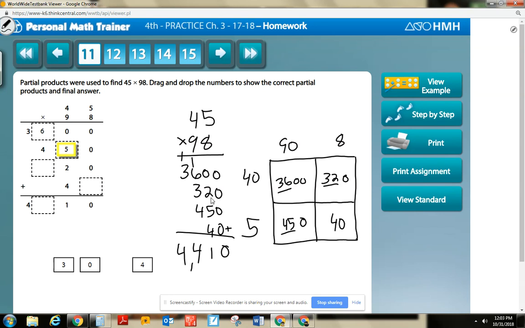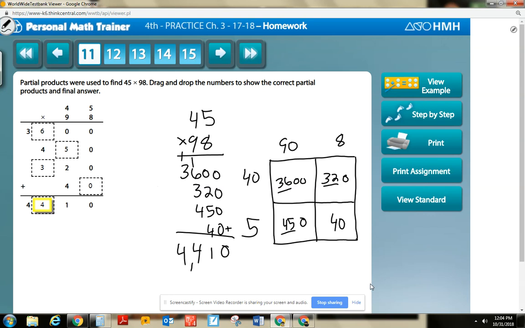That's okay. Just pay attention. Well, 20, the 3 goes here. I can see that. And then 40. And then 4,410. So show your work and then go back and just be careful. Your numbers may be in different orders, and that's okay. Just pay attention. We'll be all good.